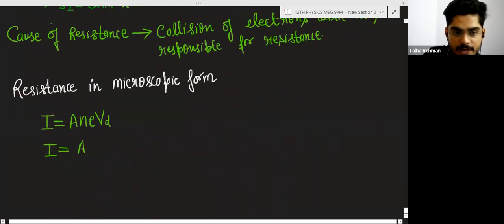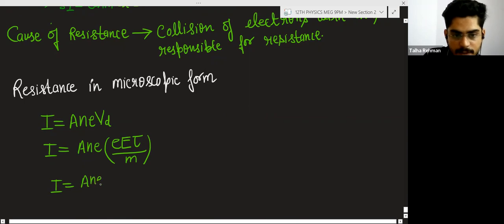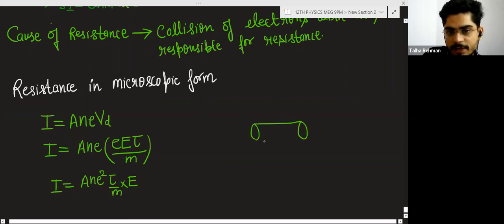The drift velocity is charge on electron, electric field, relaxation time divided by mass of electron. So from here I can write I is equal to A n e squared tau by m into electric field.